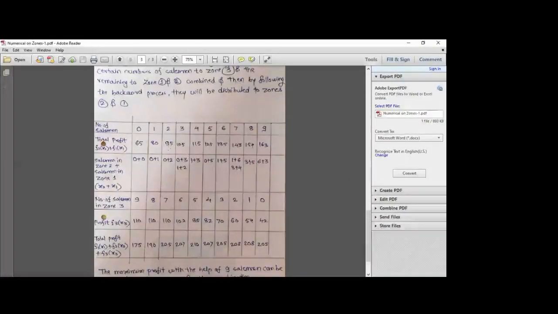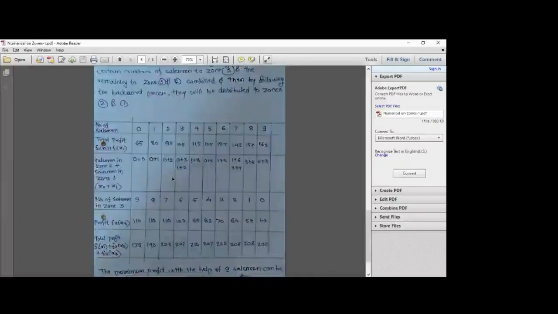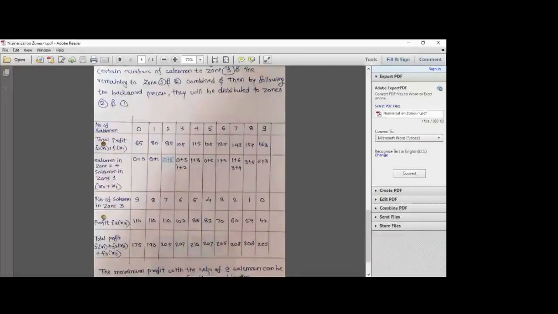Now you can cross-check if you have written it right. The addition of these should be equal to the number of salesmen: 0 plus 0 is equal to 0, 0 plus 1 is equal to 1, 0 plus 2 is equal to 2, 0 plus 3 is equal to 3, and again 1 plus 2 is also equal to 3.